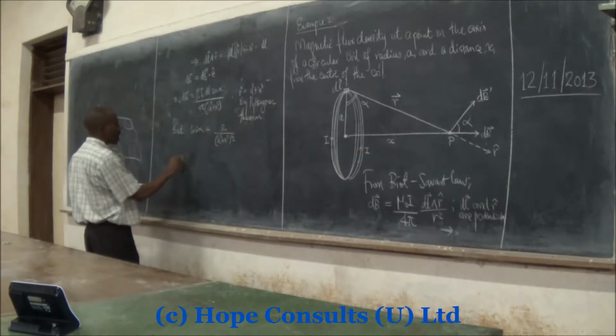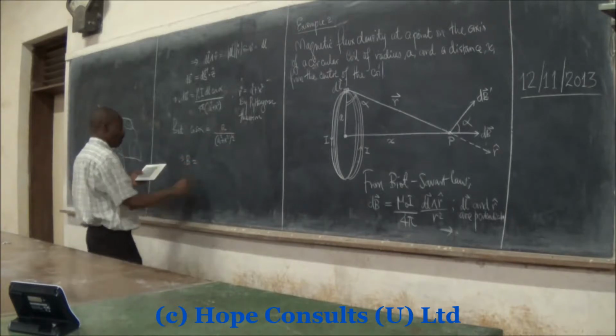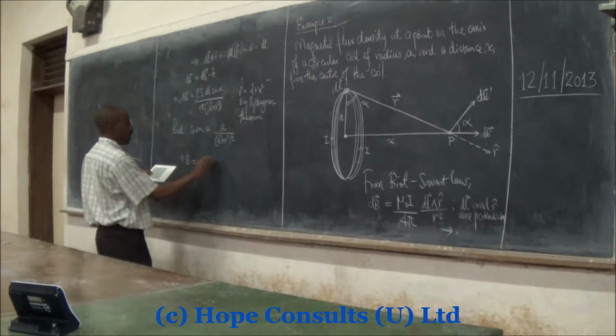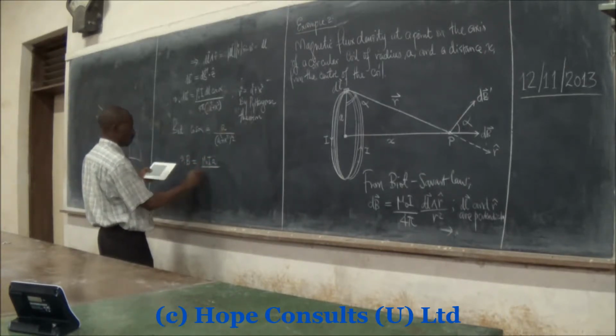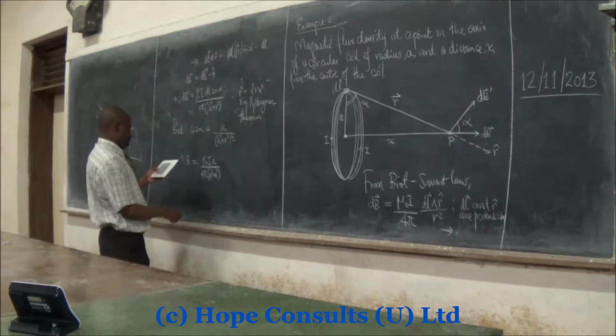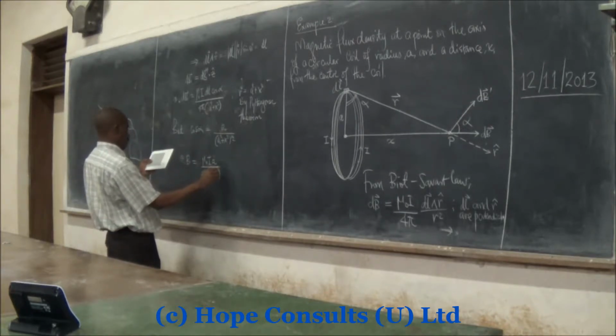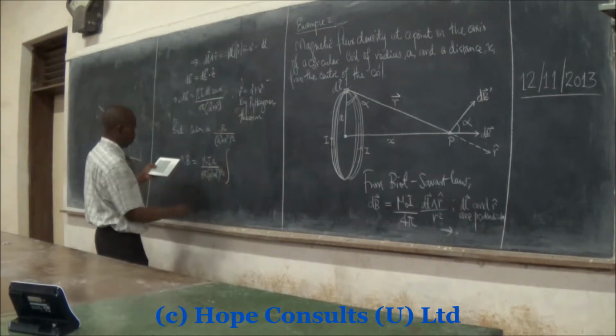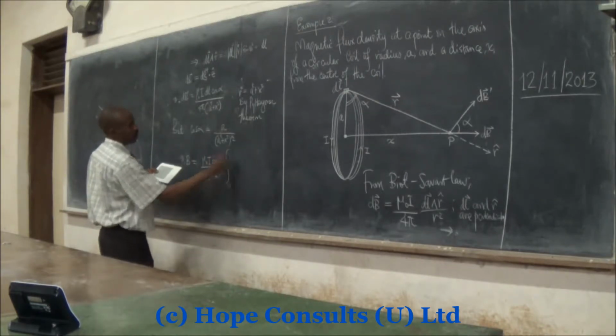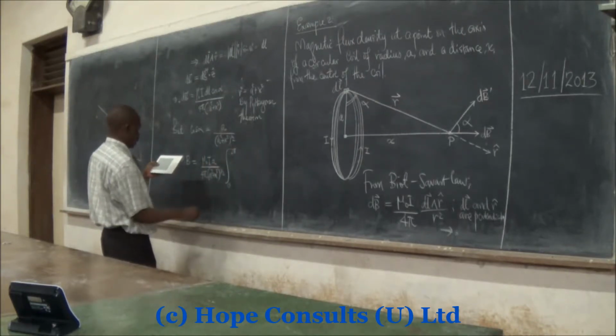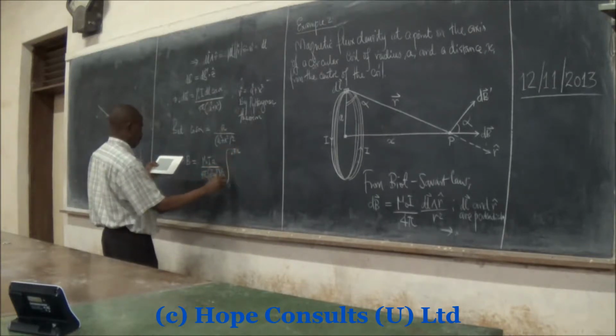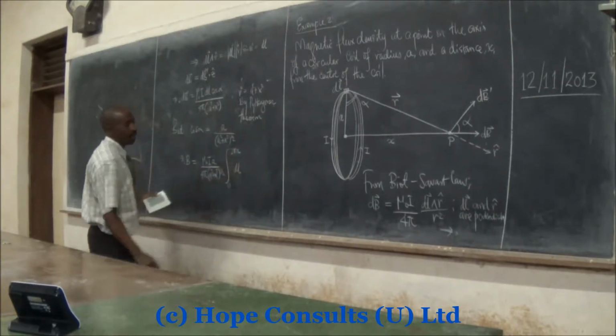So this would imply that our B would equal mu naught I A over 4 pi into (A squared plus X squared) to the power 3 over 2, times the integral from 0 to 2 pi A of dl.